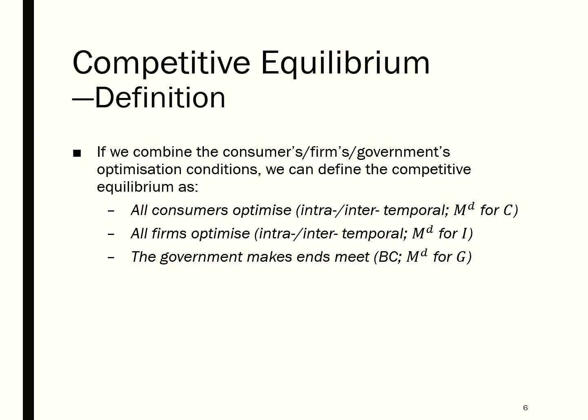Second, all firms have to optimize. That means the same: the intratemporal conditions and intertemporal conditions have to hold for the firm. And the third one is the government makes ends meet. So the budget constraints we have just seen in the previous slide have to be met over time.